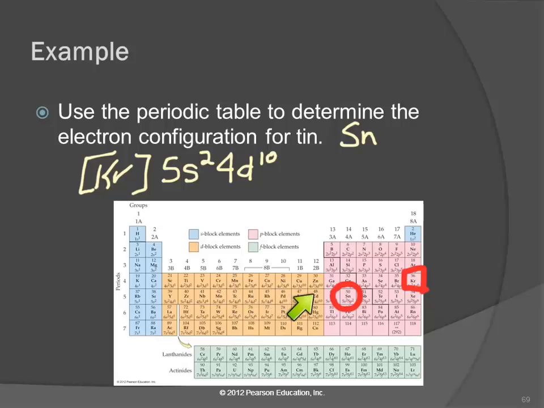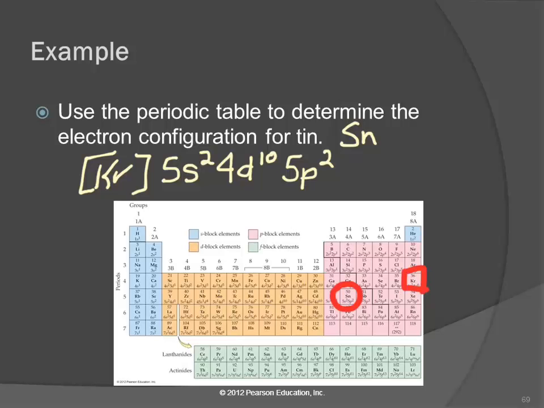And we keep going, and we get over here into the p block. This is 1, 2. There's 2 electrons there, and so that's 5p2. We count 10? Yes. And see, it's on the periodic table, and so if you don't remember the 2, 6, 10, 14 thing, it's on the periodic table.